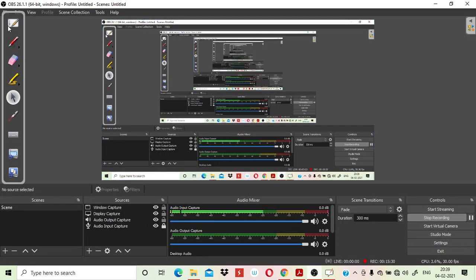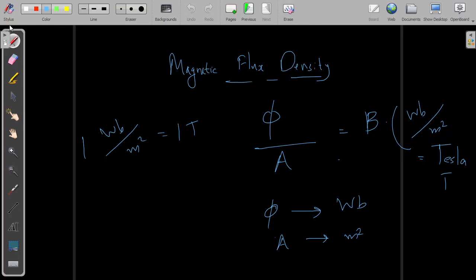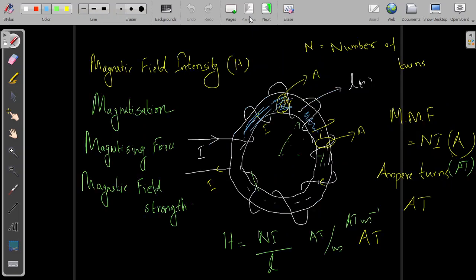Now suppose we have this medium. In figure 1, the winding is placed on a toroid, and we are assuming that it is made up of iron, steel, cast steel or some other magnetic material.